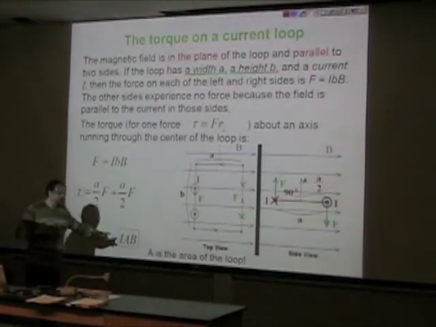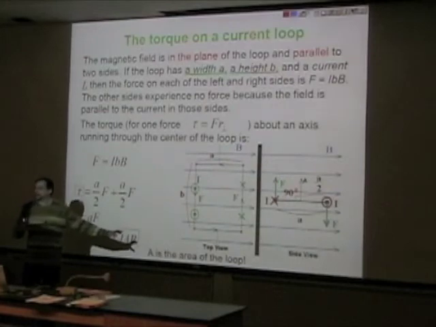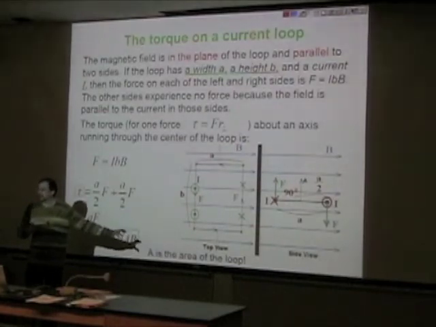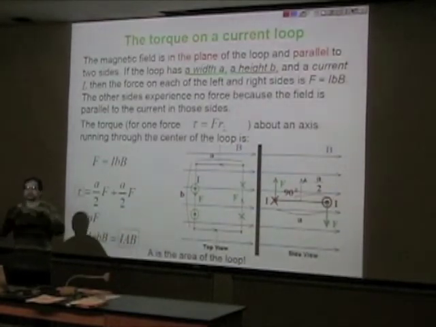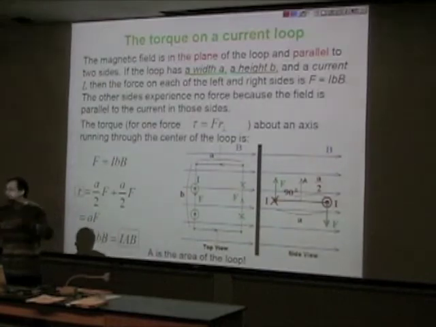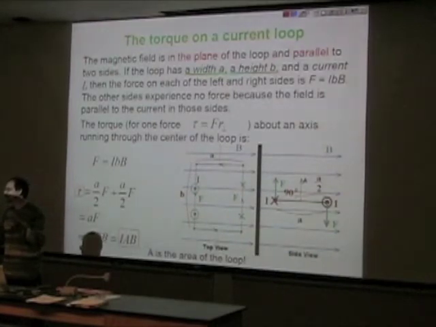And if we look at this expression now, the shape doesn't matter anymore, only area matters. So you can get a circular loop, a triangular loop, or whatever shape, as long as the area, current, and the magnetic field are the same, the torque acting on the loop has the same magnitude.